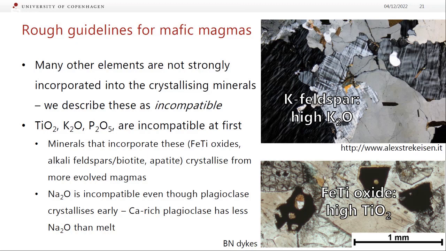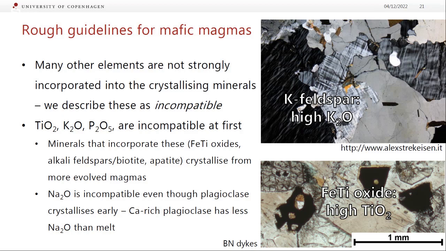During mafic magma crystallization, a lot of other elements are incompatible. They are not being incorporated into the crystallizing minerals, so they tend to go up with differentiation. For example, titanium, potassium, and phosphorus are all incompatible at first. Titanium starts to go down once we crystallize iron titanium oxides.